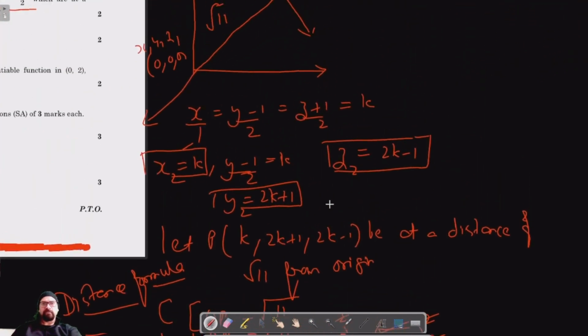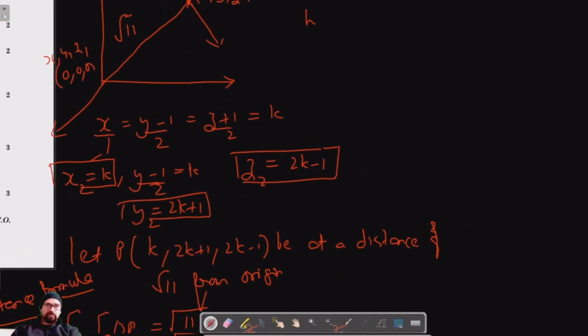Now, let's find out the value when k is equal to 1: x is equal to 1, y is equal to 3, and z is equal to 1. So the coordinates are 1, 3, and 1.